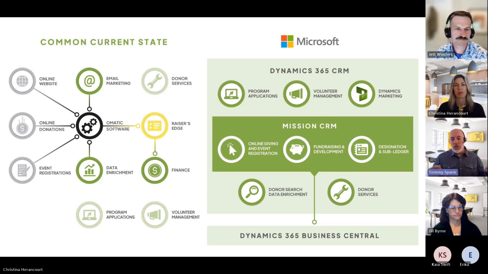So now you as a nonprofit are becoming an integration specialist, somebody whose job involves managing this tool, this Omatic software, and understanding and managing how that data is moving in and out, and what are the issues and the collisions and the problems and the duplications. And you're less focused on fundraising, you're less focused on donor relations and stewardship, and you end up having to spend a lot of time and energy on data management. So that is a common problem that we hear all the time.